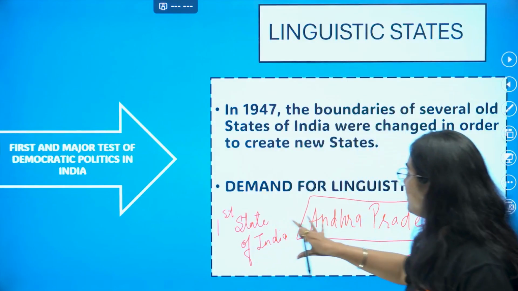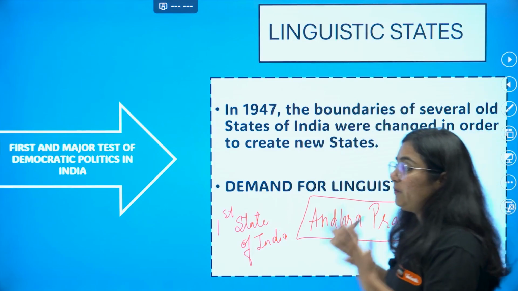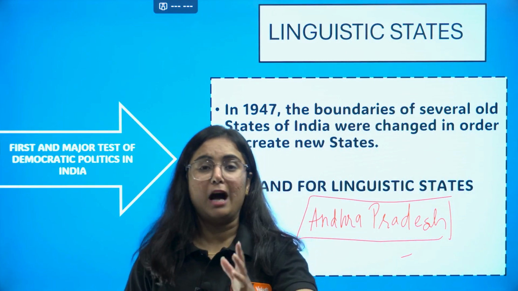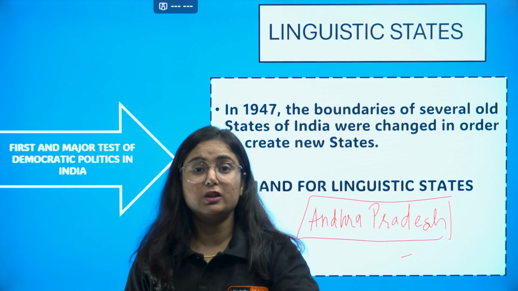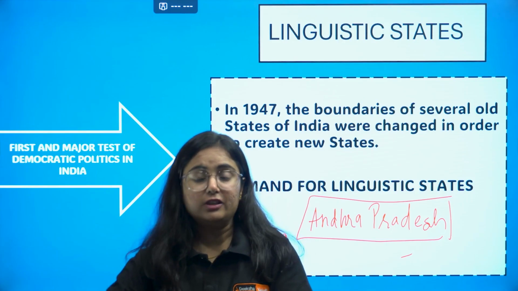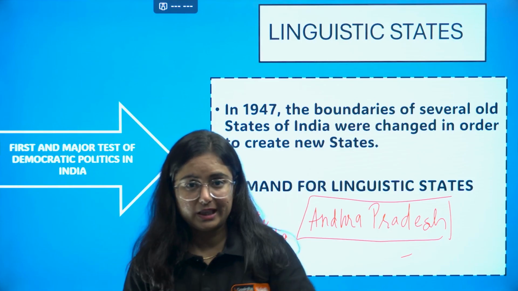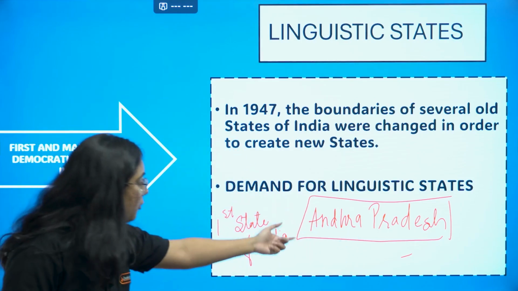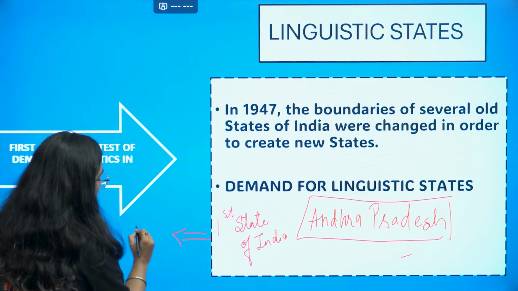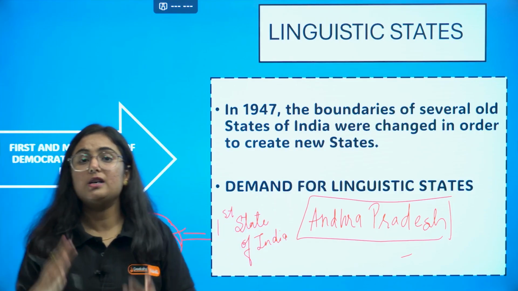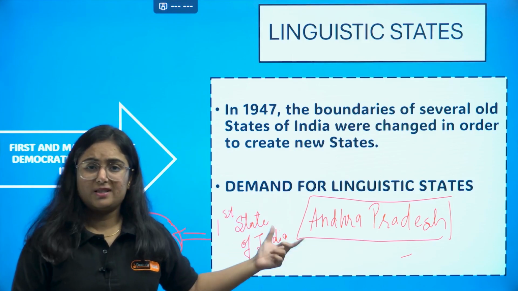It was the first state of India that was formed on the basis of language because there was a leader, Sri Ramulu, who sat on hunger strike for 58 days. Okay, and after the result, his demand was accepted and Andhra Pradesh was carved out. Okay, Andhra Pradesh was formed in the year 1953, and this is how India got the first state that is made on the basis of language.